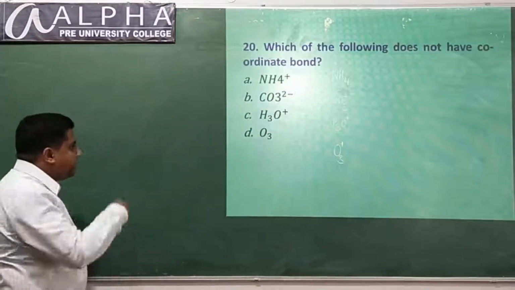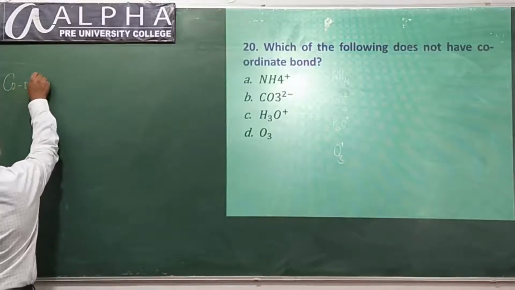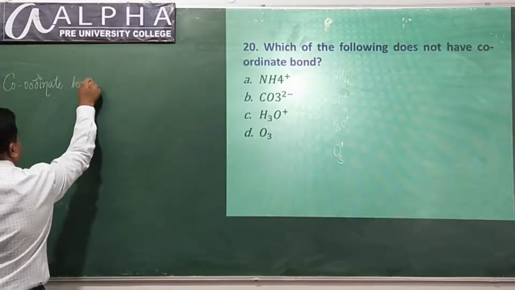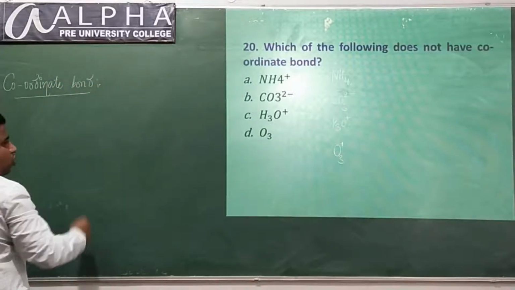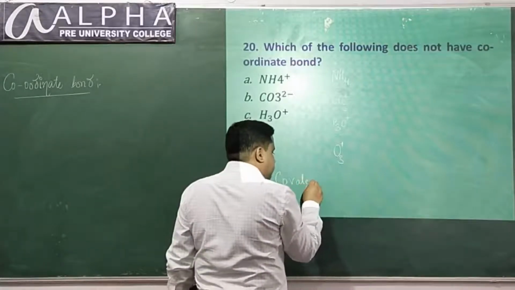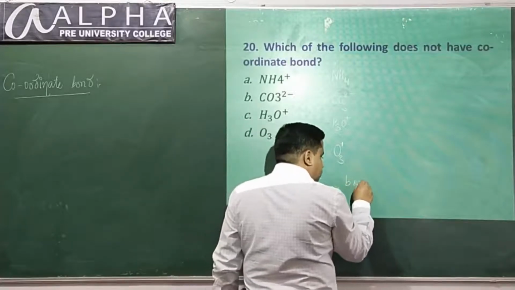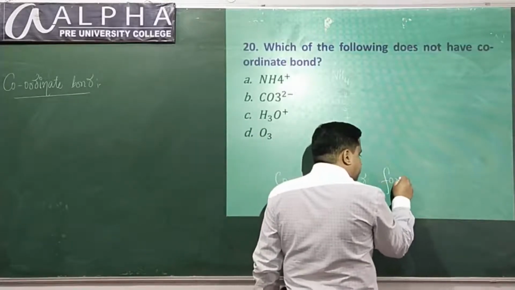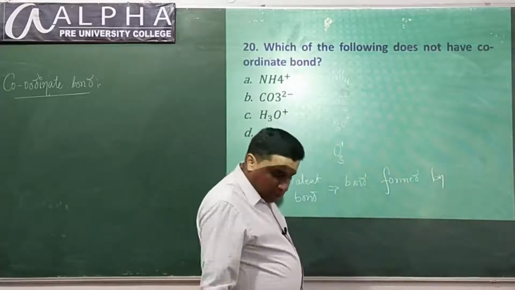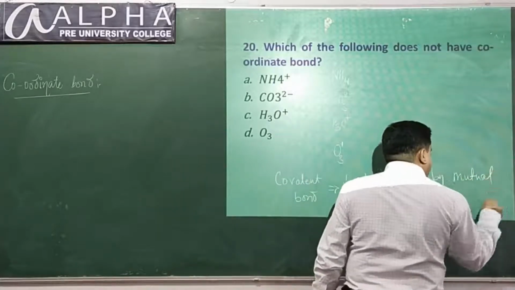Do you know what a coordinate bond is? See, we know covalent bond. What is a covalent bond? It's a bond formed by mutual sharing of electrons.